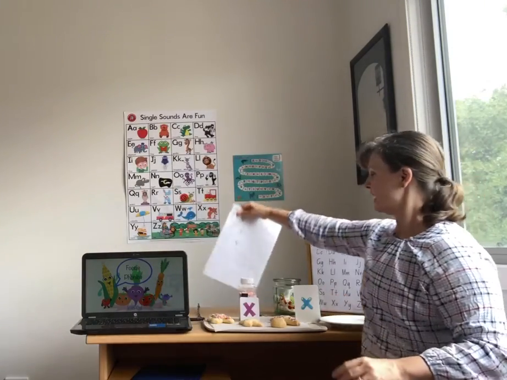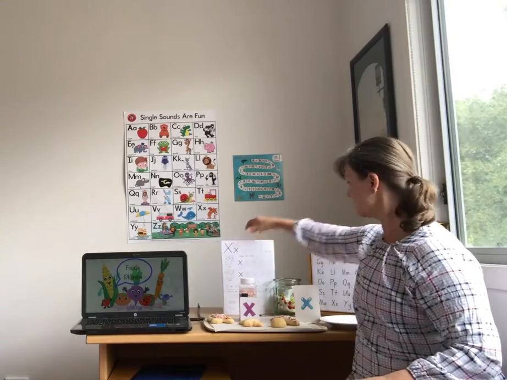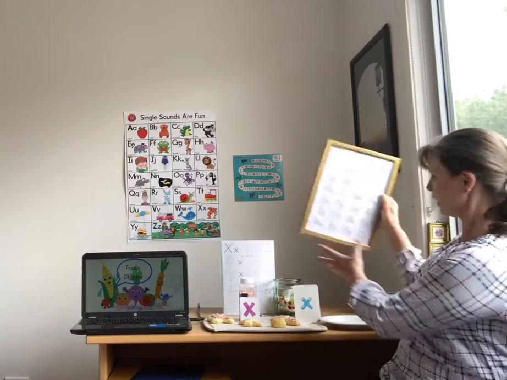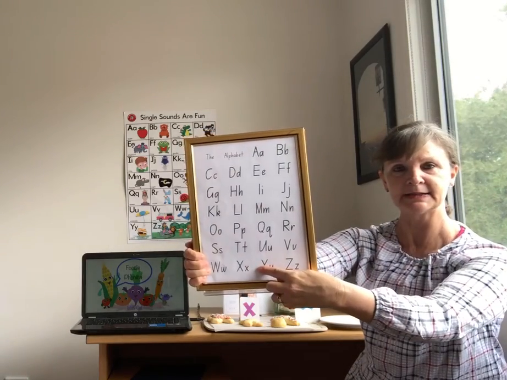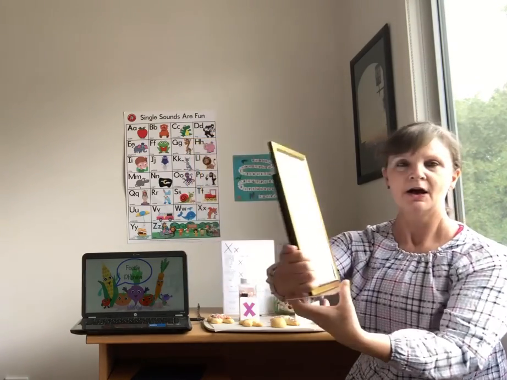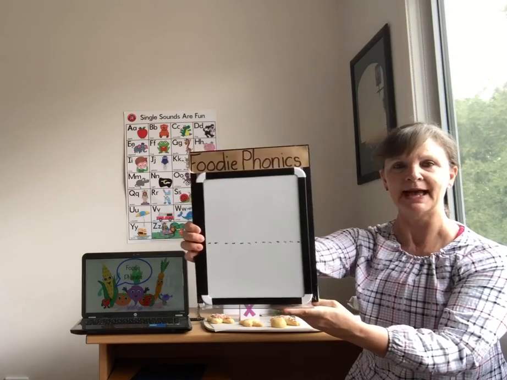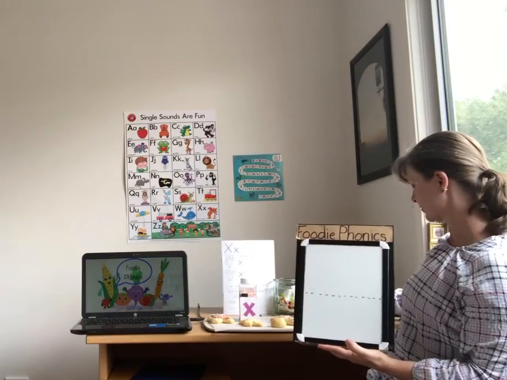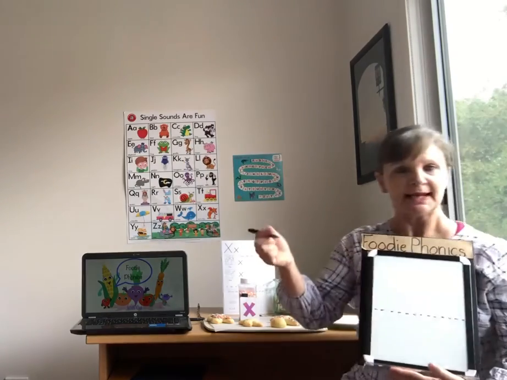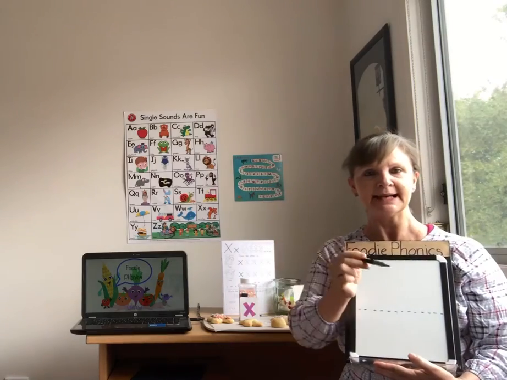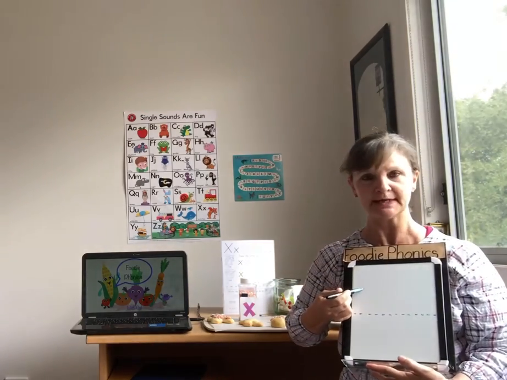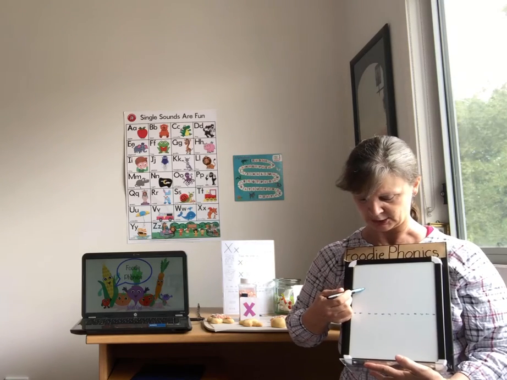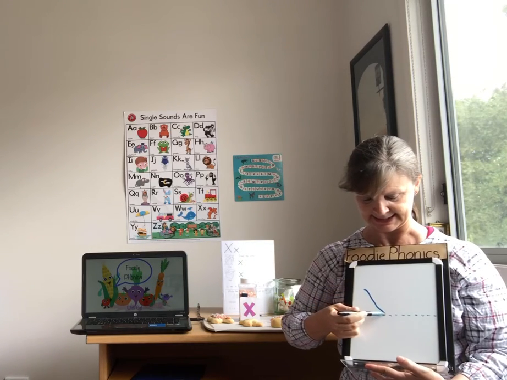I'm going to show you how to write letter X on my whiteboard. Over here on our alphabet, you can see big letter X and small letter X. On the other side, on my whiteboard, I have a dotted line for us to practice on. So with the letter X, we have to draw diagonal lines crossing over each other. So I'll start over here towards the top and I'll go down diagonally.